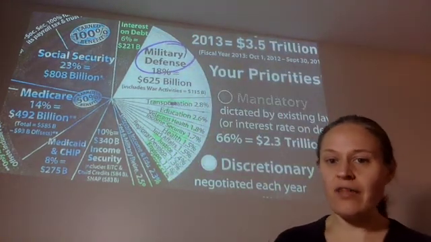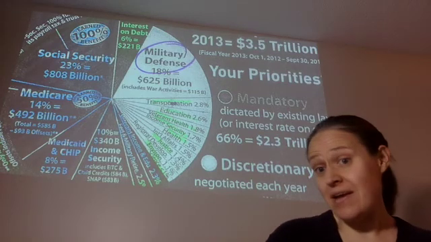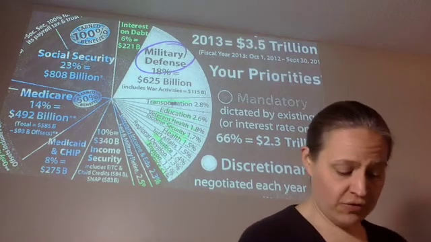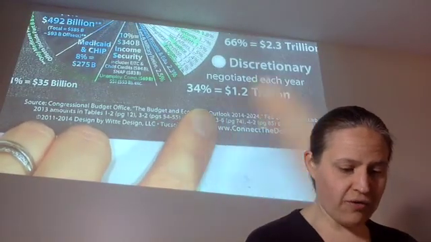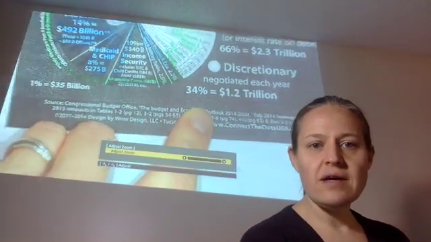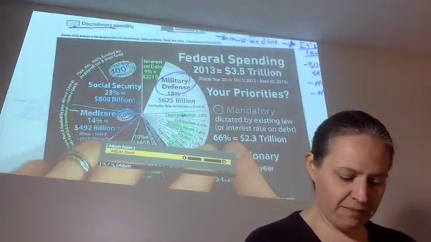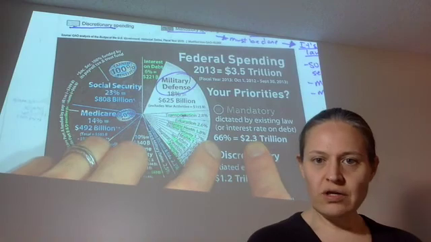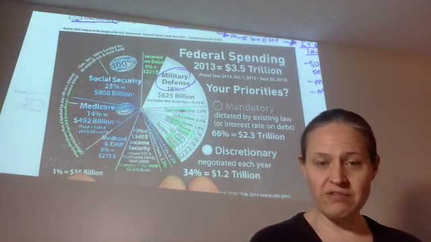So those are the other choices that are made by our government each year about what to spend the money on. And so as you can see here, our mandatory spending is 66%, and then our discretionary spending is about 34%.